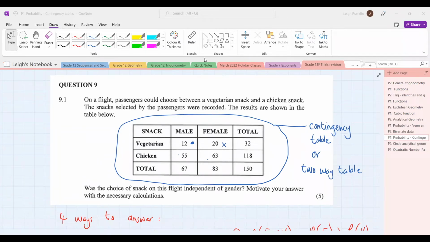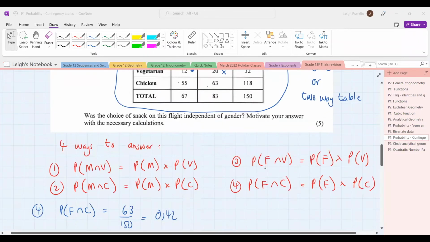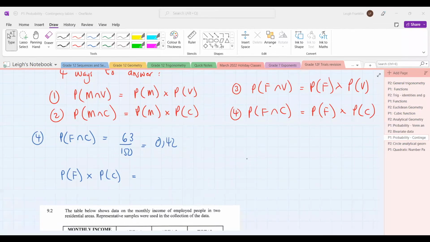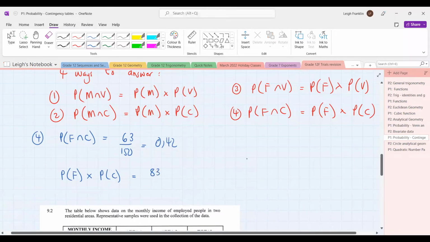It is. Okay, so Edisha, you've got the right idea. So it's going to be 83 out of 150. Matrix, the total of the female column, there are 83 women on the plane. All right, so there is an 83 in 150 chance of someone being female.